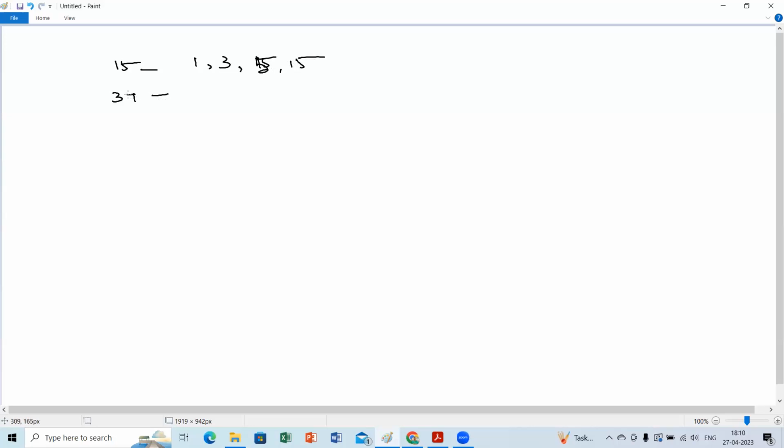What are the factors of 37? 37 is a prime number, only 2 factors: 1 and 37. So what are the common factors? The common factor is 1, only 1. So can we call the numbers 15 and 37 co-primes? Yes, ma'am. Yes, they are co-primes.